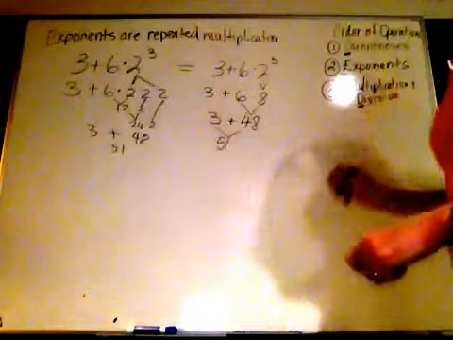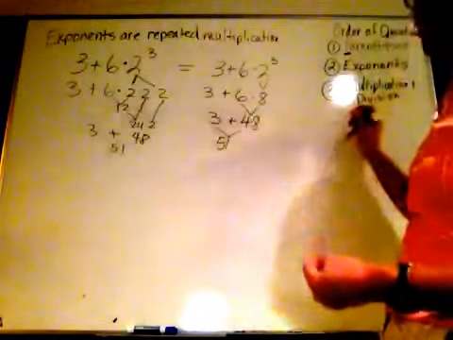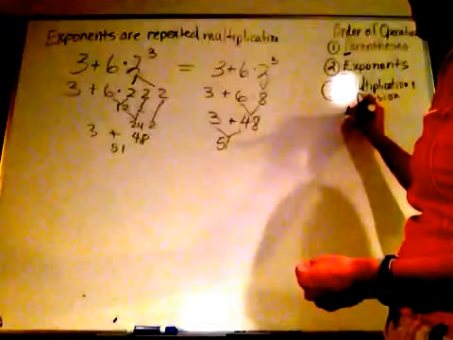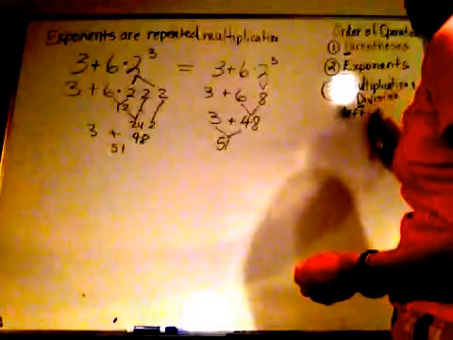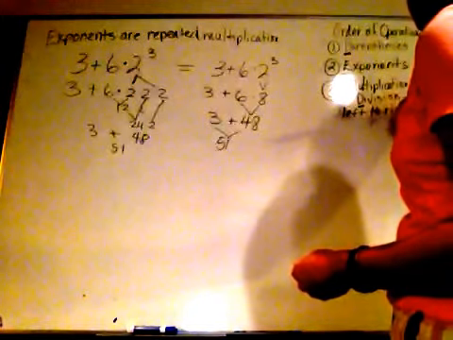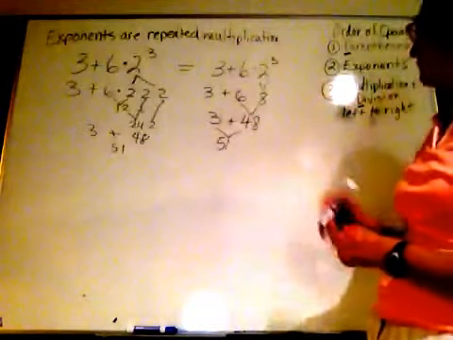And those go together because I can do division before I do multiplication if it comes first, because we go from left to right. And so if the division comes before the multiplication, I have to do it first.